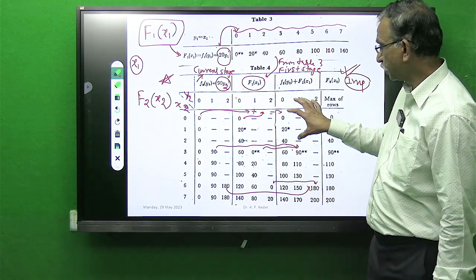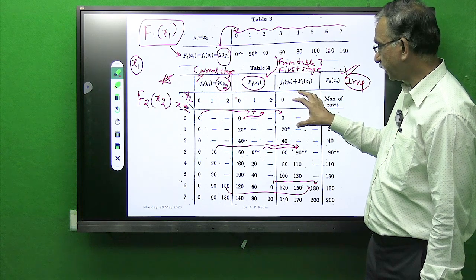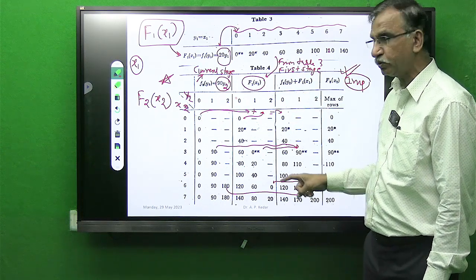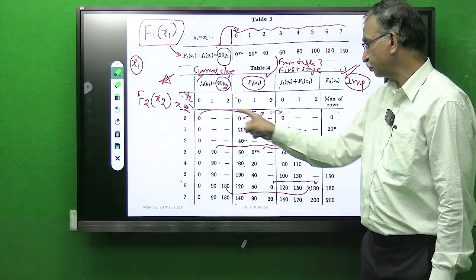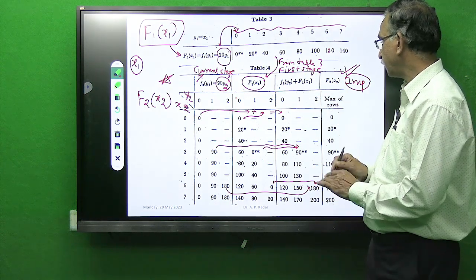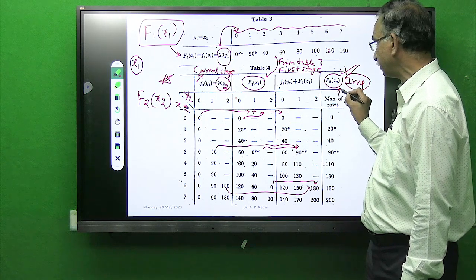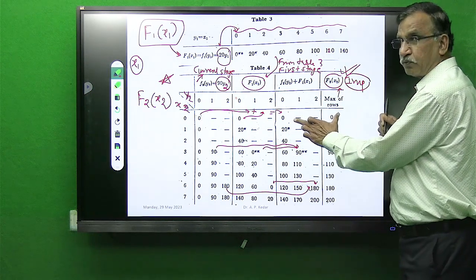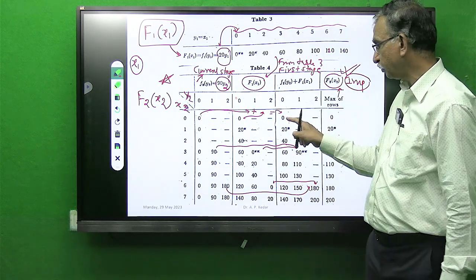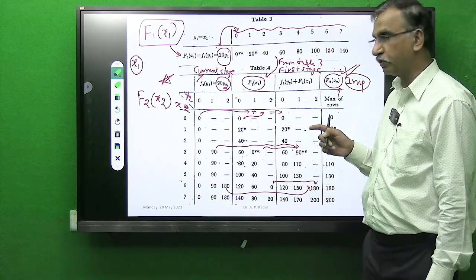Now students, you are ready with f2 x2 and you are having 3 sets of values for each x2. Right now I am interested in the maximum. I am interested in f2 of x2, but that should be maximum. For the first row I am getting only one value, so no question of selecting a maximum. 0 is the only value.